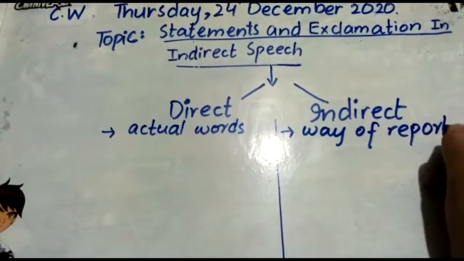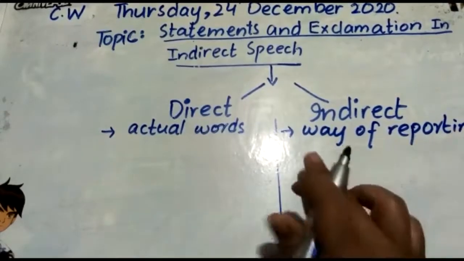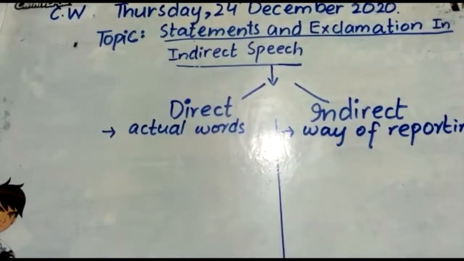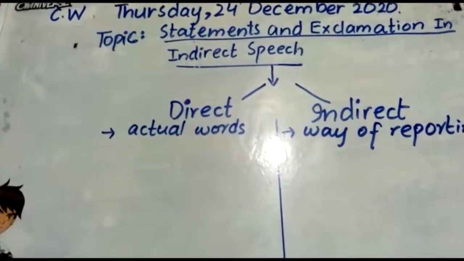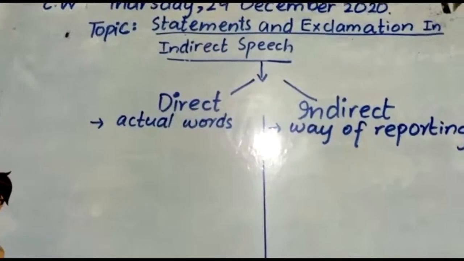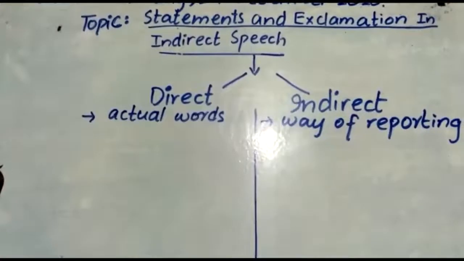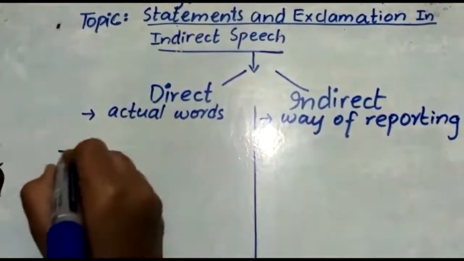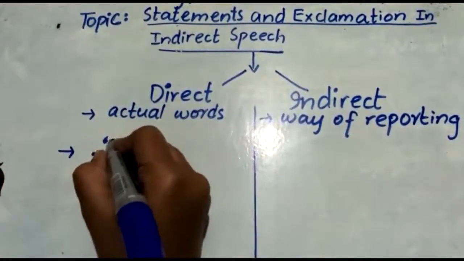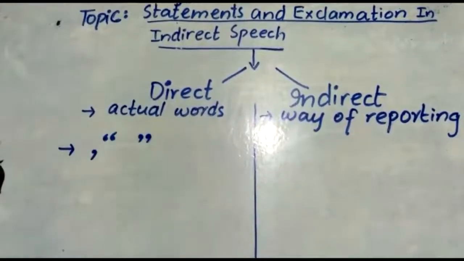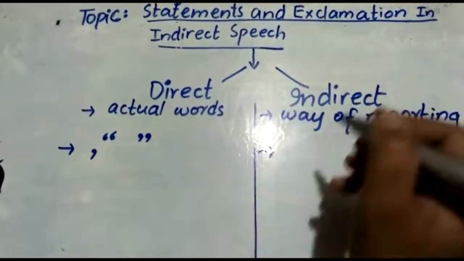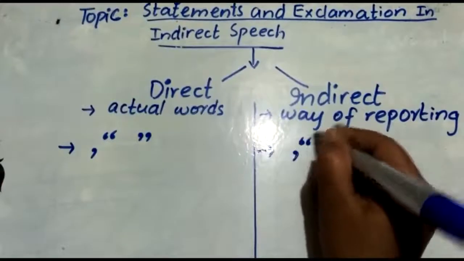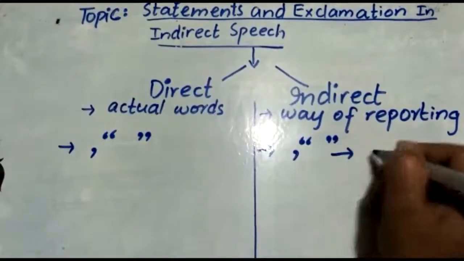Words will remain as they are, just the way of reporting will change. Got it? The very next thing is that in direct speech we have comma and inverted commas, whereas in indirect speech comma and inverted commas are replaced with that.